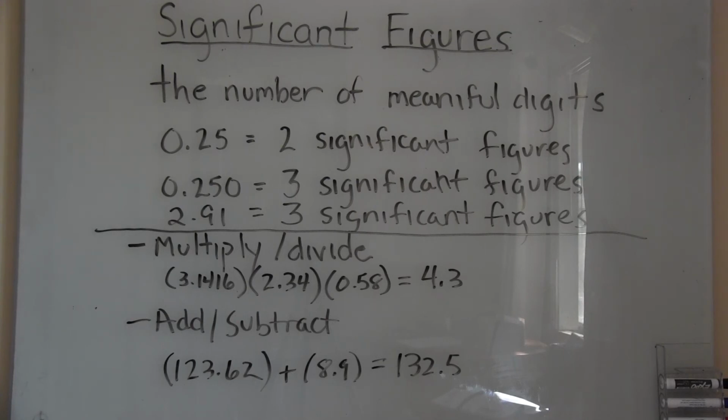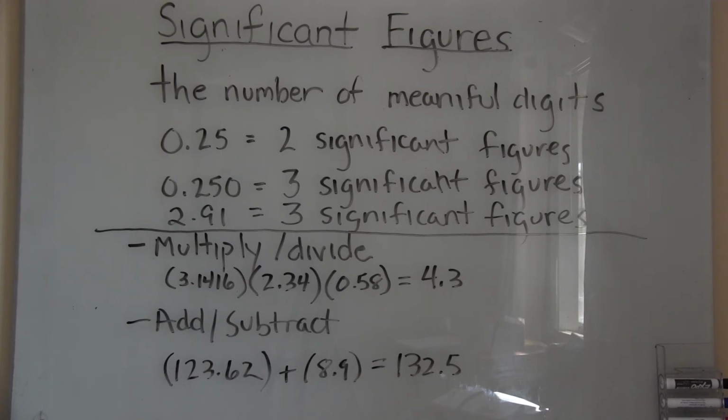So in our example, we are multiplying 3 values. The one with the fewest amount of significant figures, 0.58, has 2 significant figures. Therefore, our answer can have no more than 2 significant figures.